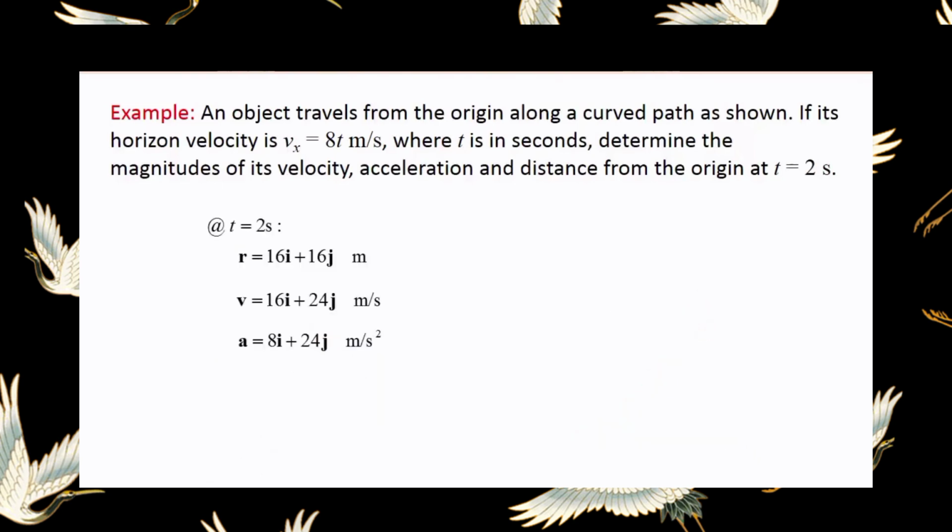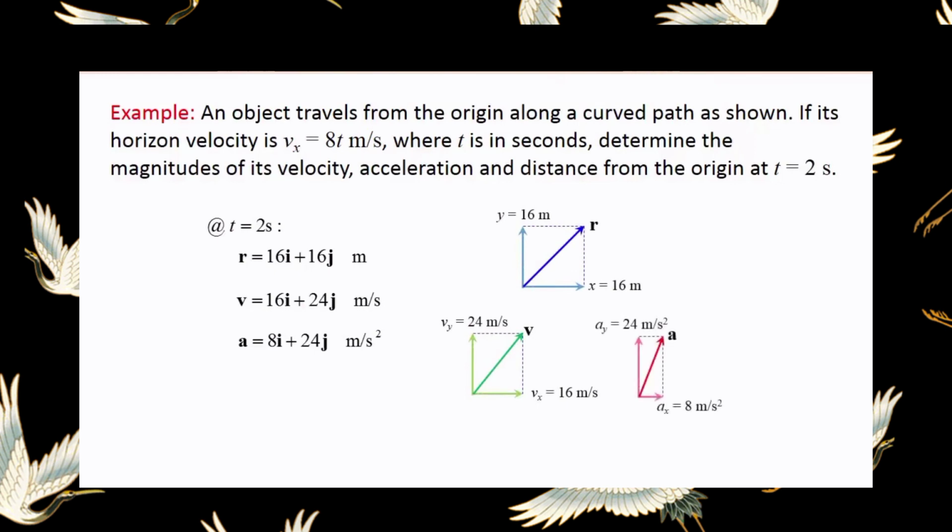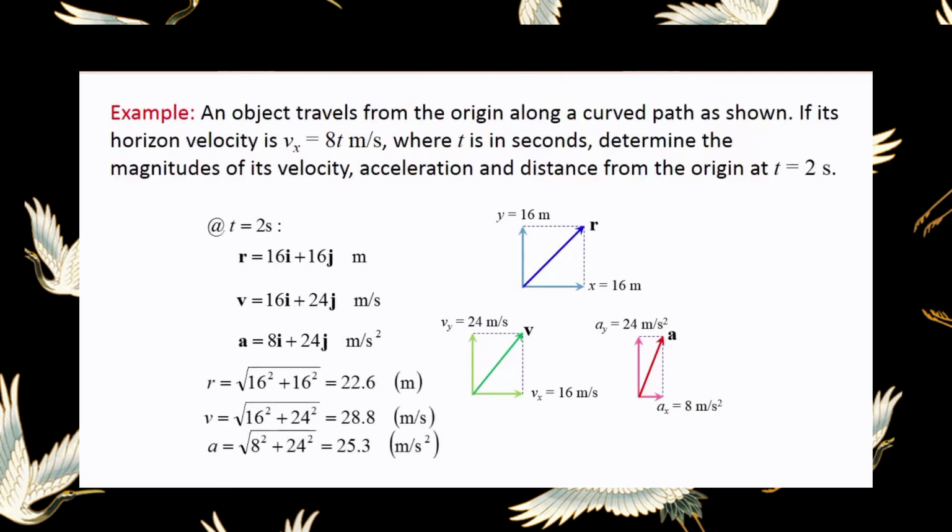Therefore, at t equals 2 seconds, we can evaluate the position vector, the velocity vector, and the acceleration vector. We also know how to represent vectors, and also how to calculate the magnitude of the vectors. And these are the answers that we were asked to find.